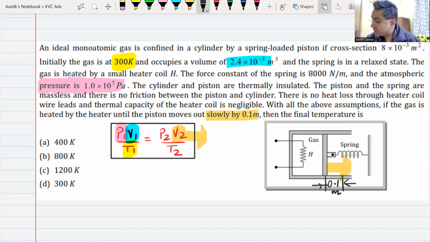So my final volume, my dear friends, becomes V1 plus the area of cross section multiplied by this. Yes or no? So I will just write it as V1 plus AX. I'm not more into calculation. This is the final volume that is given. Yes or no?